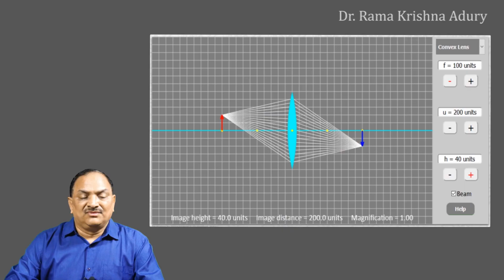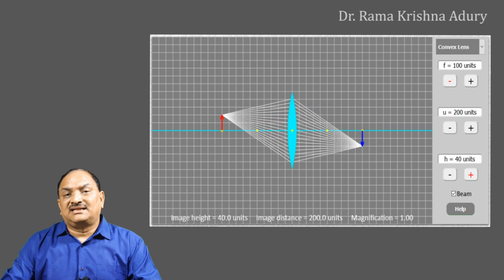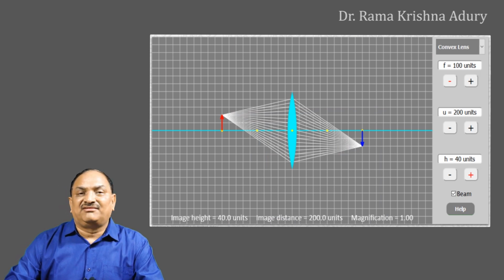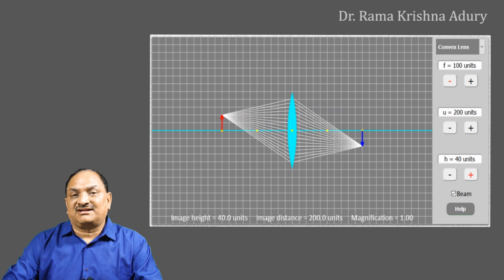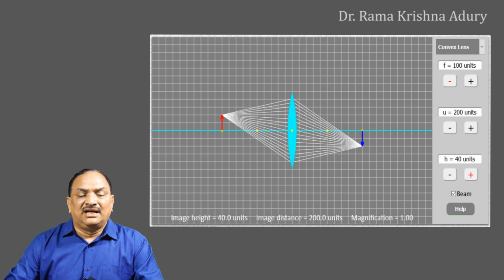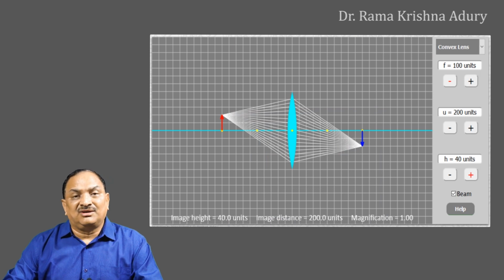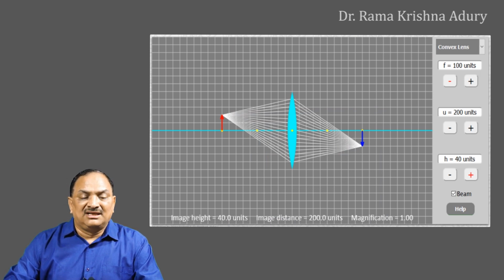Now I am going to talk about a spherical lens and spherical mirrors. We have a biconvex lens here, and this biconvex lens has 2 centers of curvature on either side of it, and usually these 2 centers are at the same distance, and they can be at different distances also if the radii differ, because if the radius of one surface is R1 and the other is R2, the centers of curvature can definitely be at different distances from the center of the lens.